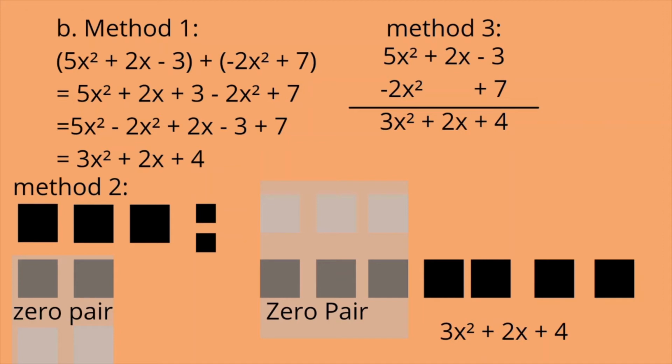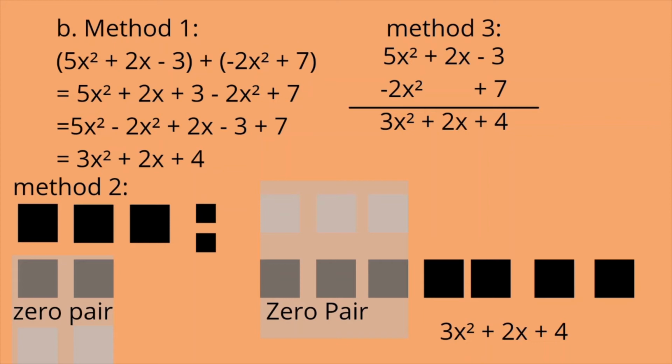On the right side, we have 3 light tiles representing negative 3 and 7 dark tiles representing positive 7. We count all the remaining tiles that are not included in the zero pairs. We have 3x squared plus 2x plus 4.